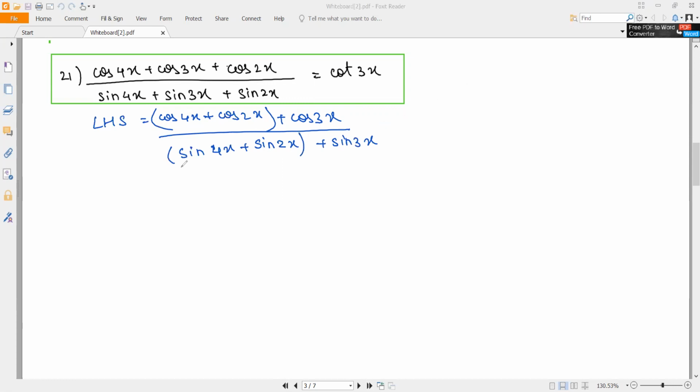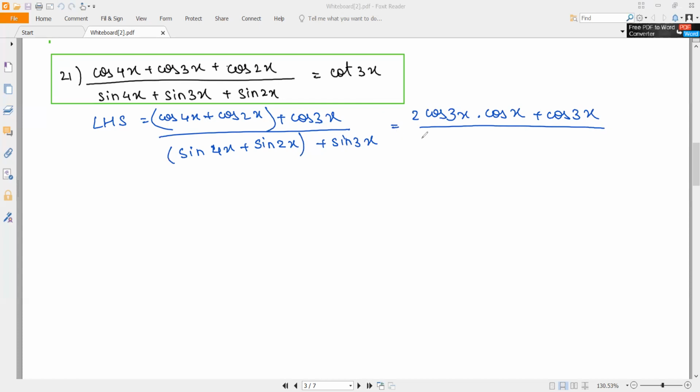If I apply the formula, it is 2 times cos of A plus B by 2, 4x plus 2x divided by 2. 4x plus 2x is 6x, divided by 2 will give you 3x, into cos of A minus B, cos of 4x minus 2x divided by 2. 4x minus 2x is 2x, so cos of 2x divided by 2, which means it is cos x, plus cos 3x, whole upon sine 4x plus sine 2x.